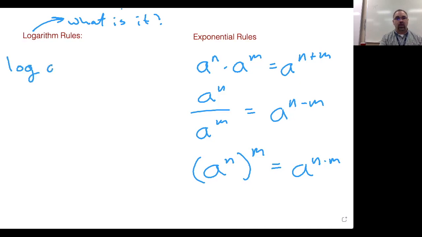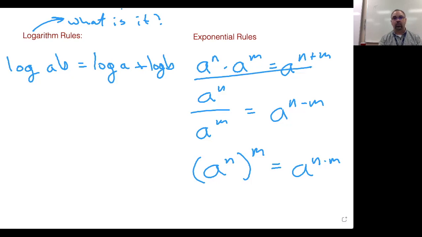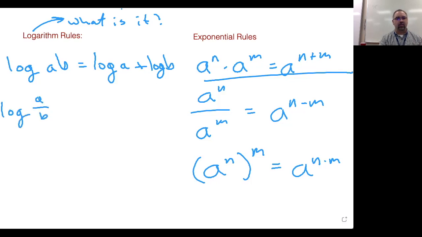So in other words, if you have the logarithm of a times b, what do you do with the logarithms? You add them. Just like here, you add when you're multiplying. We just work with the exponents. Okay, so what about if I'm dividing? What am I doing with my exponents? I'm subtracting them.